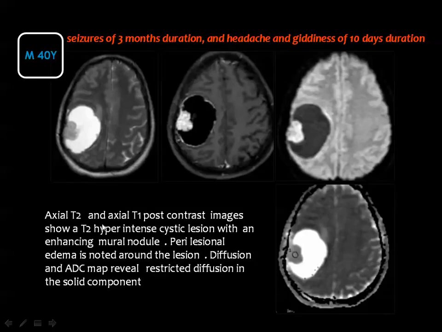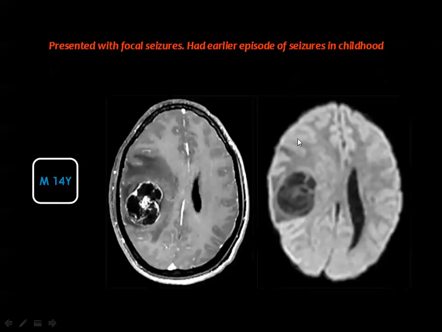Okay. Then this is a lesion with a cystic component and enhancing mural nodule. And this is the diffusion weighted images and the ADC of the lesion. What do you think? Is this the PXA or meningioma with cystic component? Meningioma, because of the restricted diffusion.